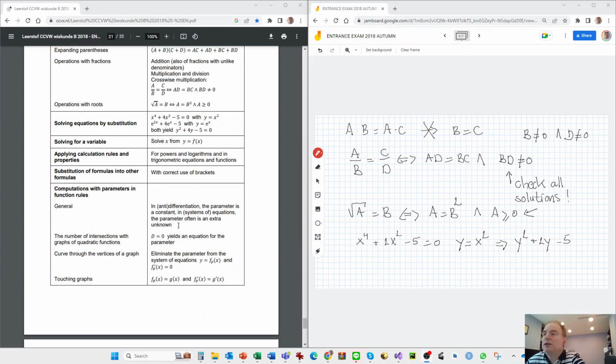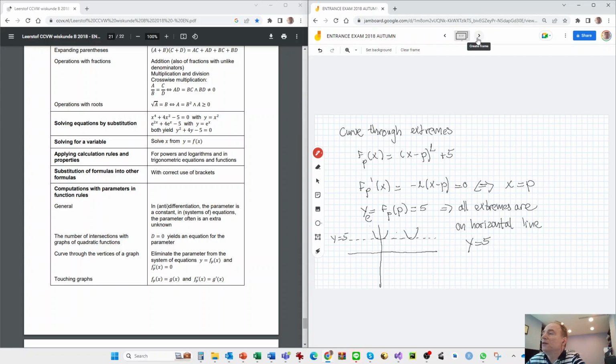You already learned about the discriminant and how you can use this to find out how many solutions exist if you have a quadratic function. And say you have a quadratic function with a parameter, for example, a function x minus p squared plus 5, you can write down the discriminant of this with p as a variable, and then you can find for which p something like this has solutions.